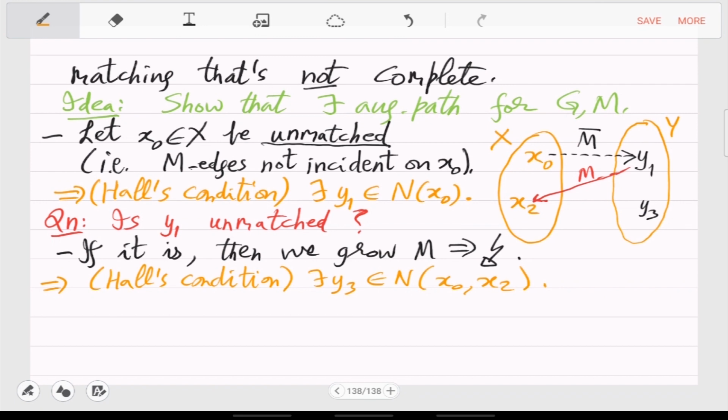How do you handle these possibilities? Case 1 is that x2, y3 is an edge. Can it happen? Or what happens if it happens? If that is an edge, then it can only be an M complement edge. It cannot be an M edge. So it's an augmenting path.